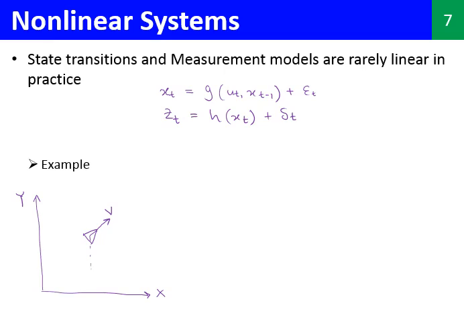So this is x and this is y, and the heading direction, let's say, is theta. Okay. Now if I ask you to write the discrete time state transition model, can you do that?